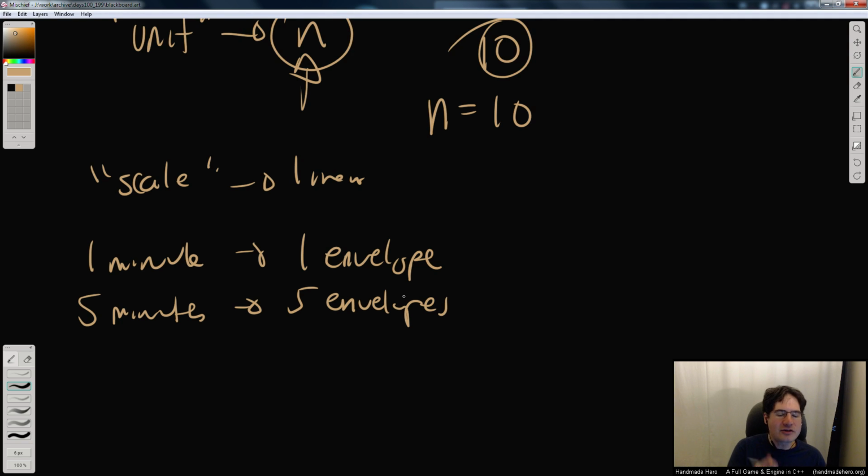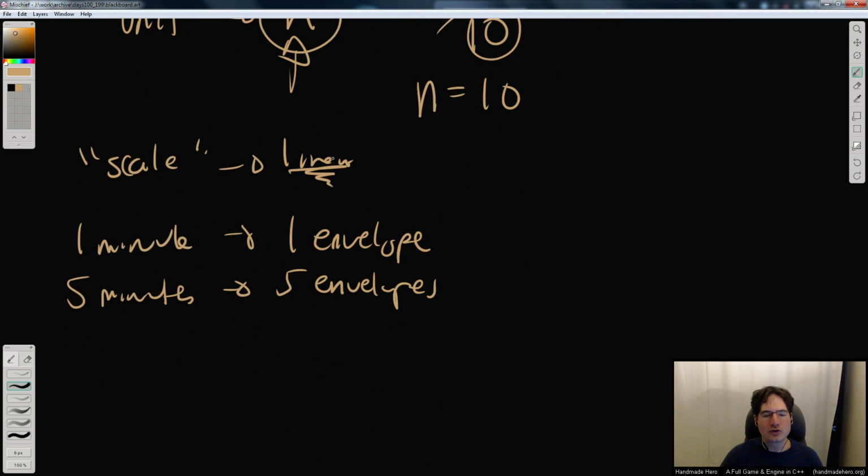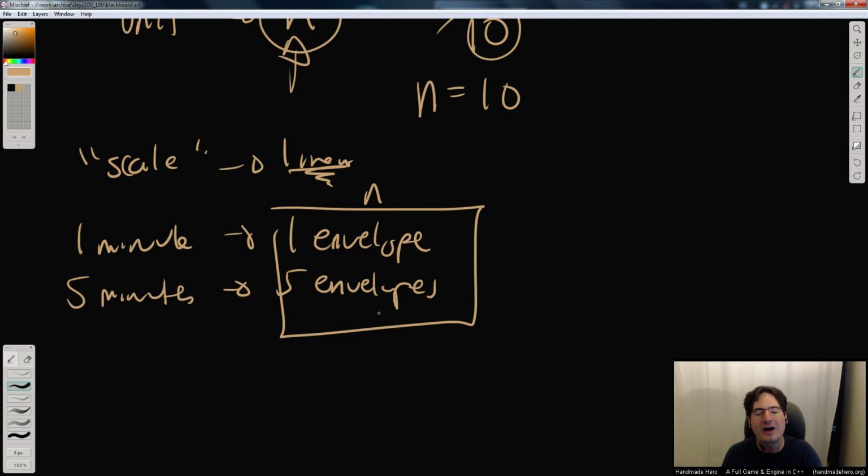Okay, so that is what we would call linear, and the reason we would call it linear is specifically because of this whole concept up here. If we were to write an expression that talked about how long it took you to do something, well, this obviously is my n, right? The number of envelopes is the number of work units. So I am talking about n envelopes.